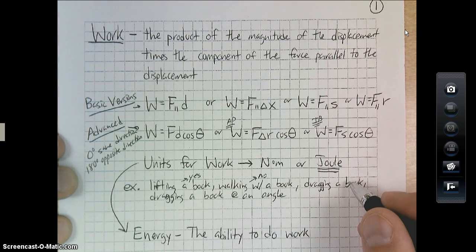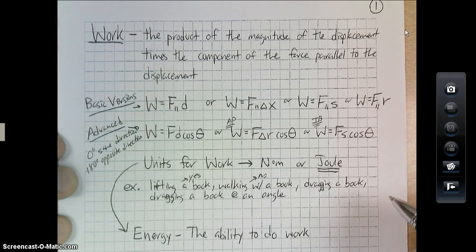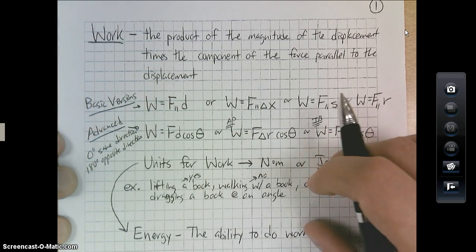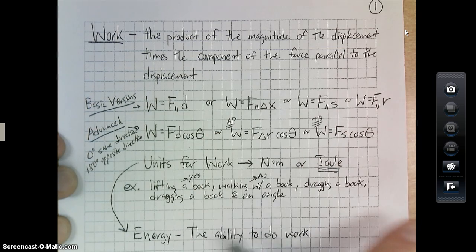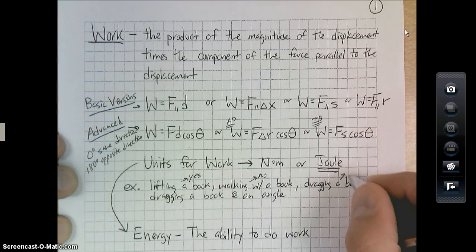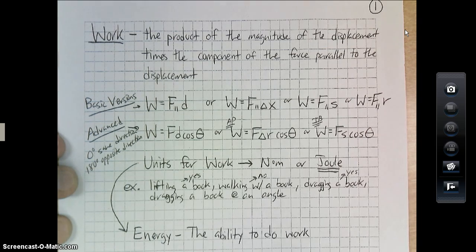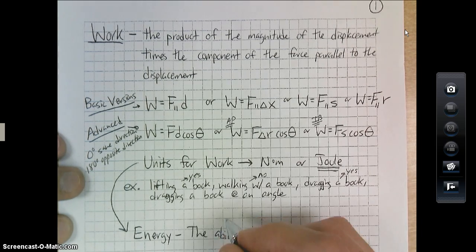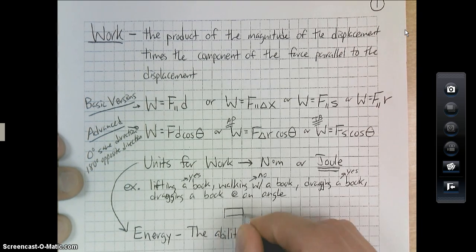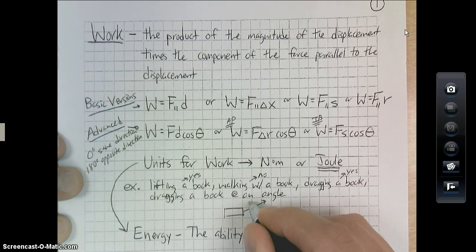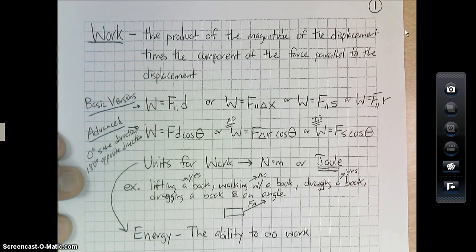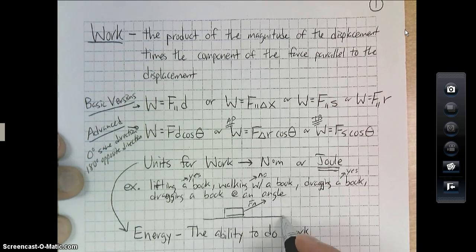Dragging a book. Okay, well, if I'm dragging a book, pulling it across the page or something like that, then the force is moving in the same direction, at least the applied force is moving in the same direction as the book. So if they're parallel, then yes, you're doing work. And then also if you're dragging it at an angle, and I want to talk about this. So if I drew a little picture where I was drawing the book at some angle like this, pulling along a surface, it's going to move from here, and we'll say this is the displacement right there.